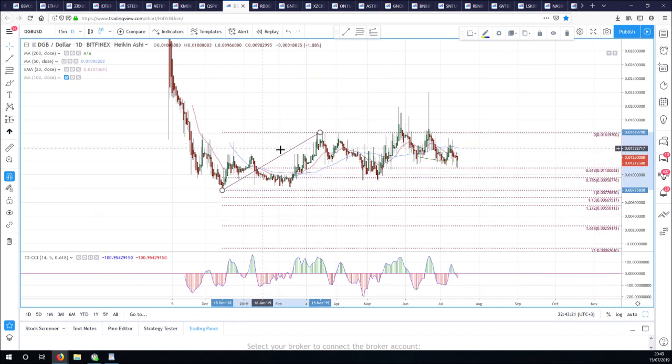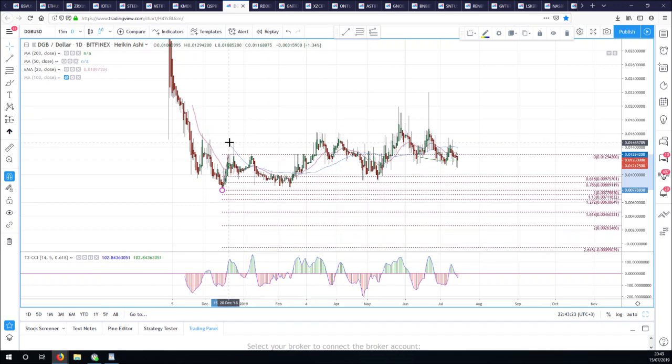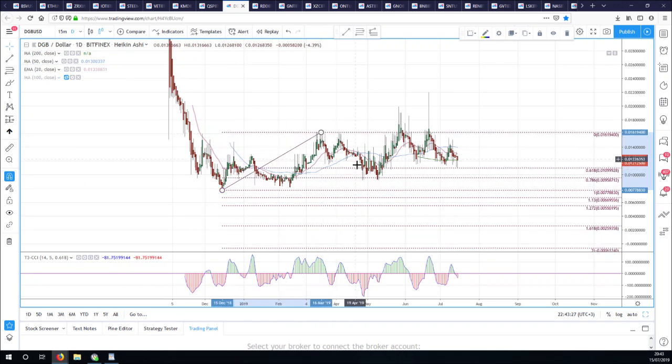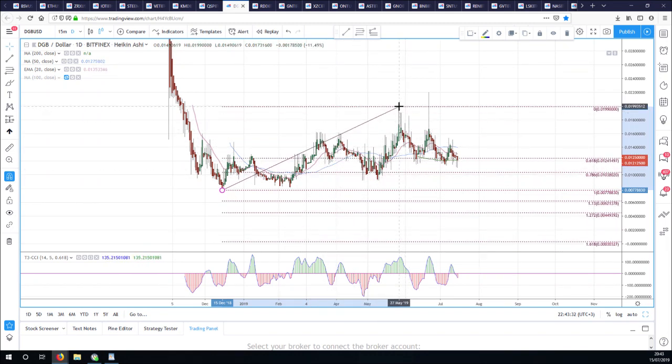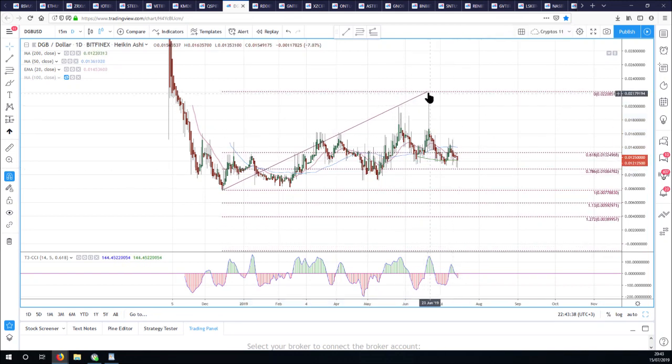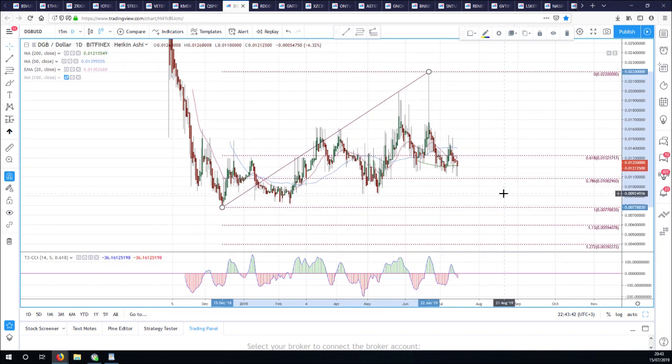See how when we started in this rally, this 786 is really, you don't want it below it. 786 was where we double bottomed. Then if we move it up here, 618, this 786 level from the highs, therefore I wouldn't want us to see below, and that is at 0.010829.